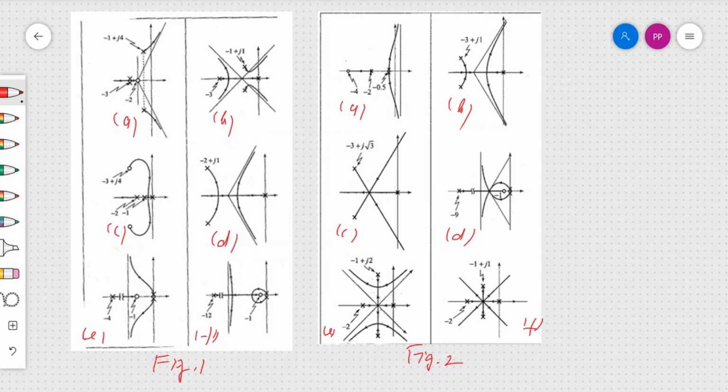In the first figure, we have a 0 at s equal to minus 2, double pole at s equal to minus 3, and there are a complex pole pair at minus 1 plus j0. So for this the pattern of the root locus should be clear to you.